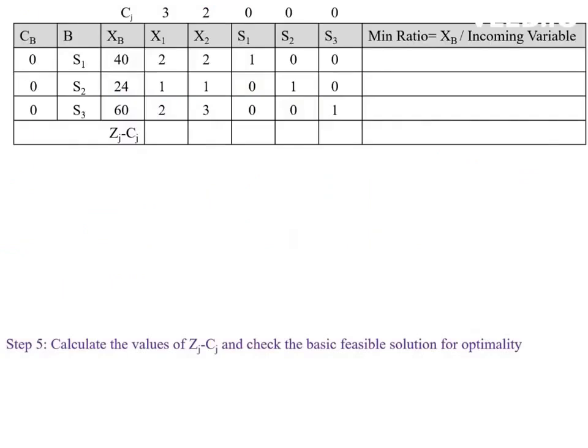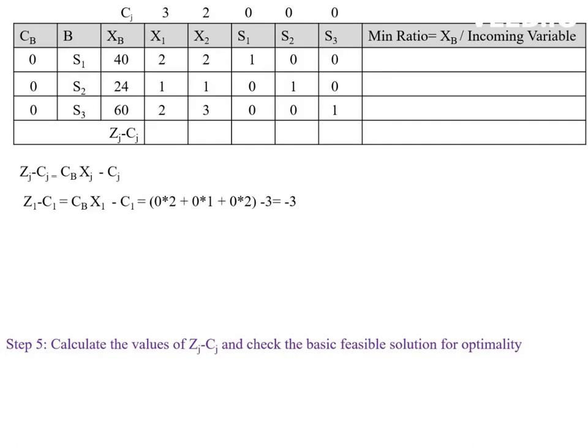Next step is to calculate the values of Zj minus Cj and check the basic feasible solution for optimality. First we have to find Zj minus Cj. We know that Zj minus Cj is equal to CB xj minus Cj.